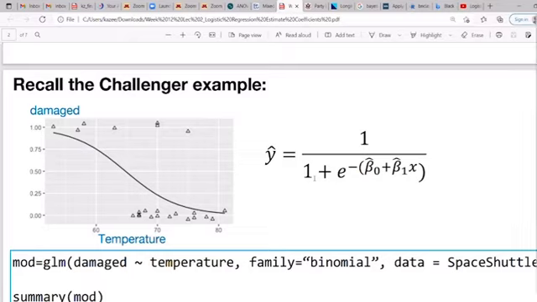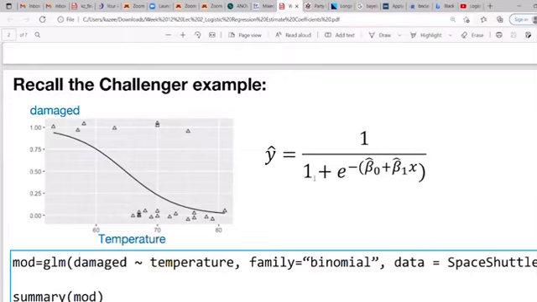So that is equal to 1 divided by 1 plus exponential raised to the power of minus (beta naught plus beta 1 x). Now the takeaway is that this is a way to present logistic regression results in a probability form.